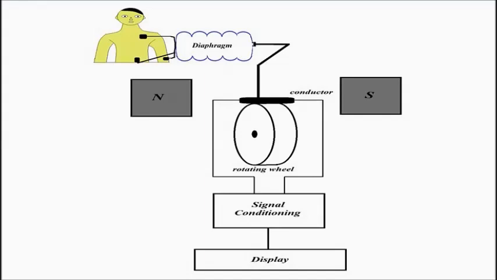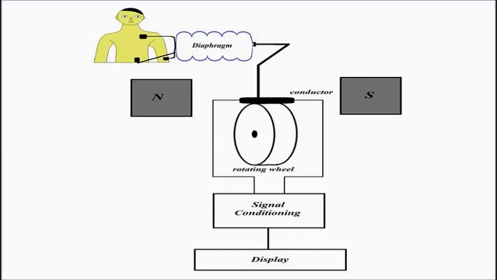The signal conditioning circuitry performs the necessary amplification, frequency response matching, filtering, and analog to digital conversion as per sampling, quantization and coding depending on the requirement, and gives us a display. So the basic principle is the same. We are using a displacement transducer, which can be rotatory type or linear type, to detect the pressure fluctuations in the body with the help of this diaphragm.